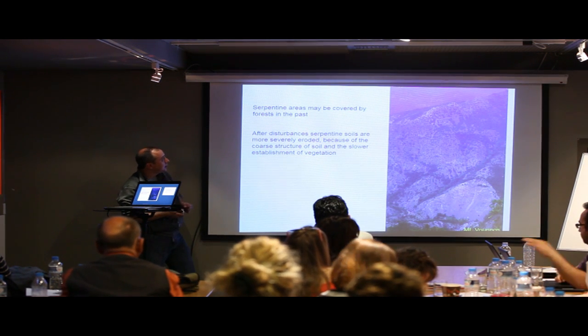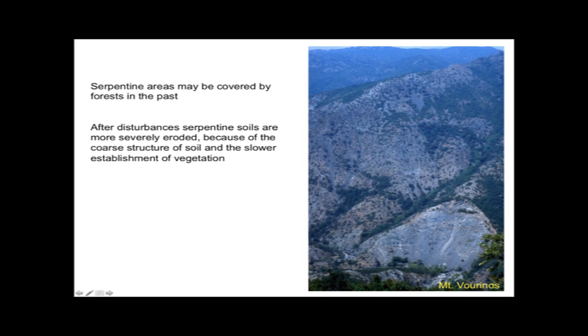In fact, serpentine areas in the past may have been covered by forest, but the serpentine soil has some characteristics, and these are the coarse soil texture that makes them very prone to soil erosion.